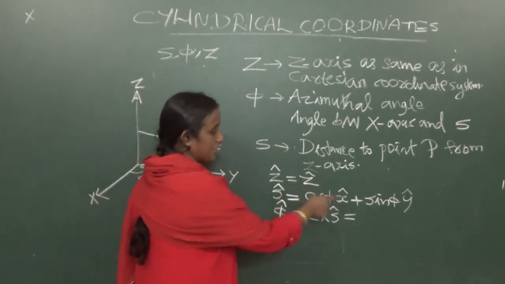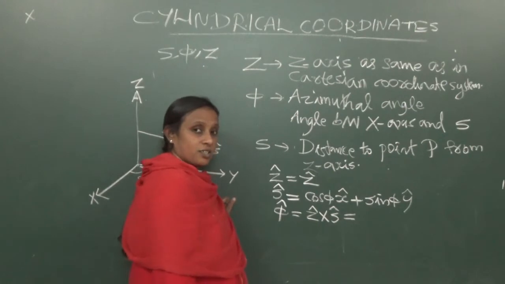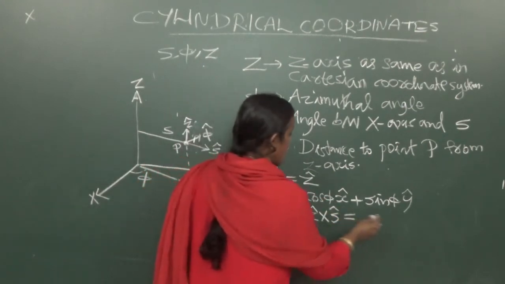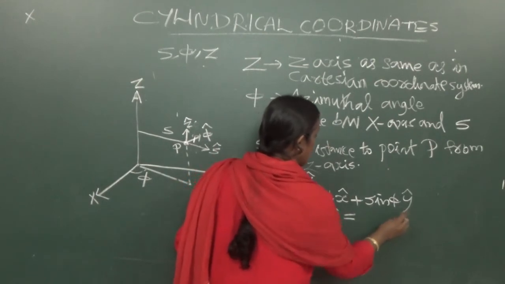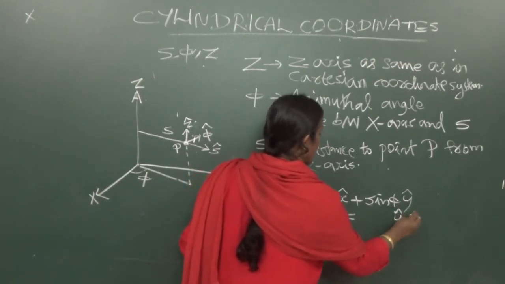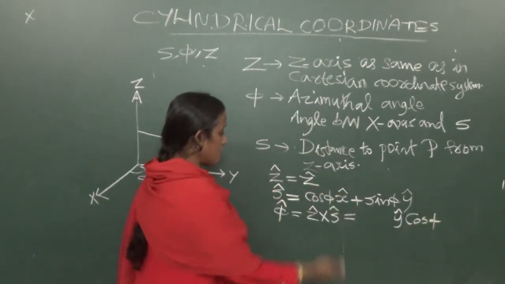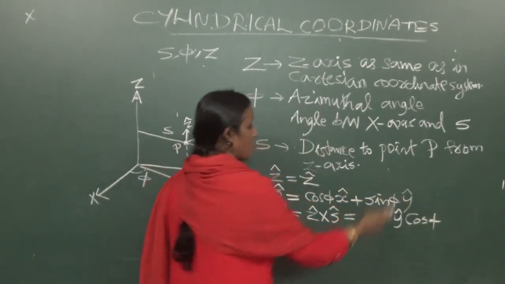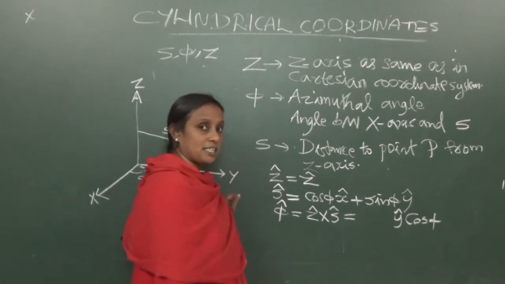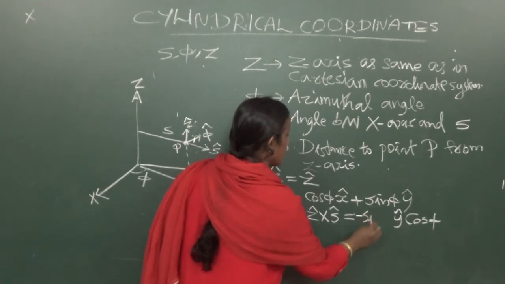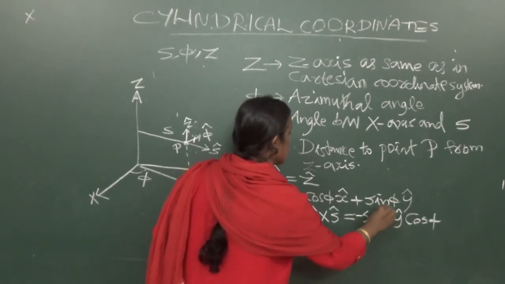So you will see that Z cross X gives Y cap, so Y cap cos phi. Then Z cross Y means minus X cap, so minus sin phi X cap.